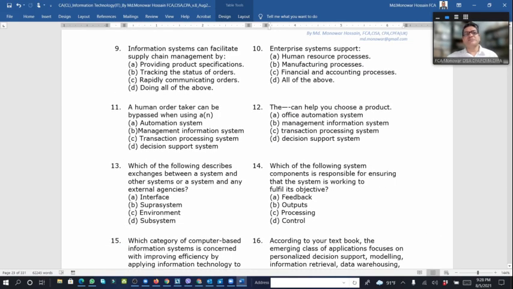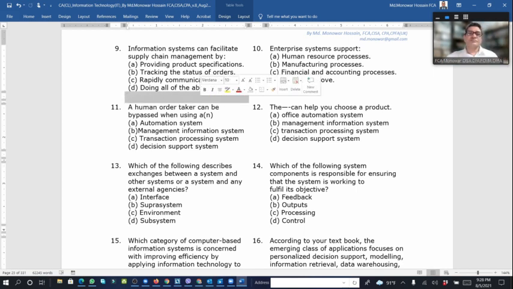Information systems can facilitate supply chain management. Though this is from the last chapter of your syllabus, supply chain management, the answer is all of that. That means information systems can facilitate supply chain management by providing product specifications, tracking the status of orders, and rapidly communicating orders.